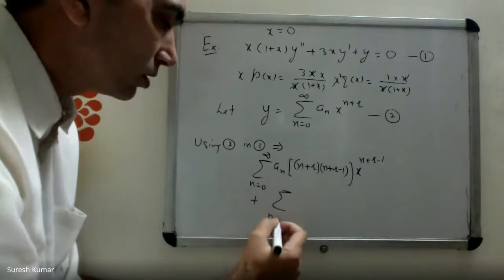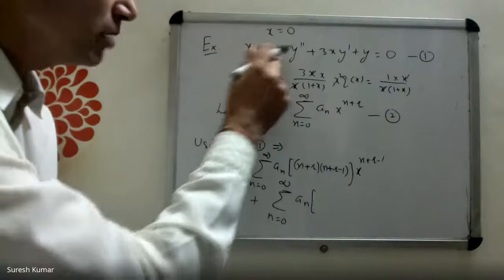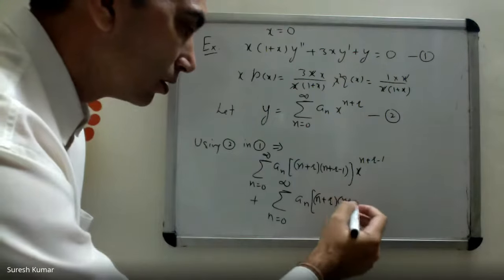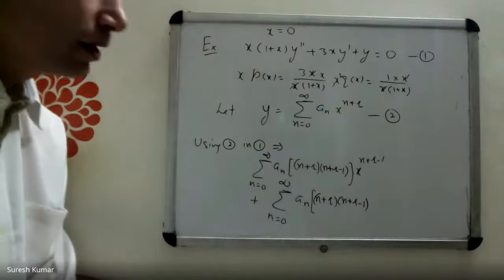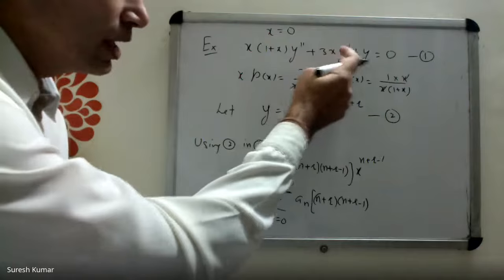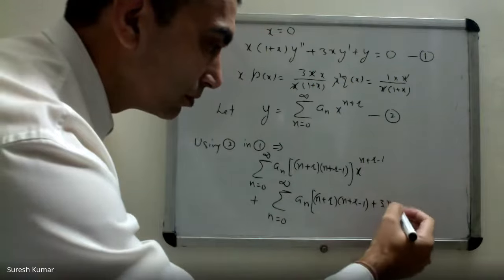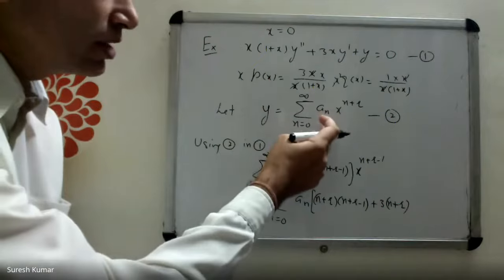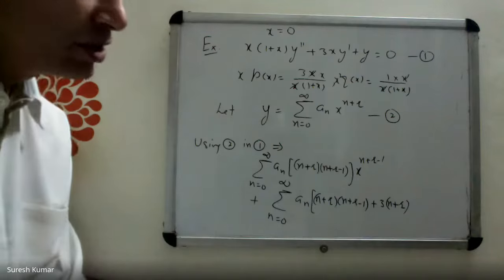Now see the next one. If you multiply by x square, same coefficient, but power is x power n plus r. 3xy prime. What is the coefficient with y prime? 3 times n plus r only. You see, when it is differentiated one time, multiplied by x, power is n plus r.